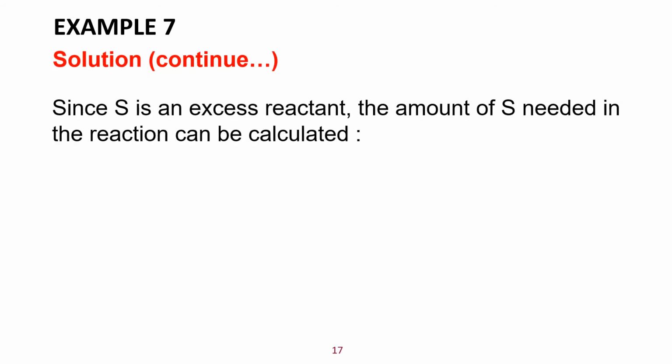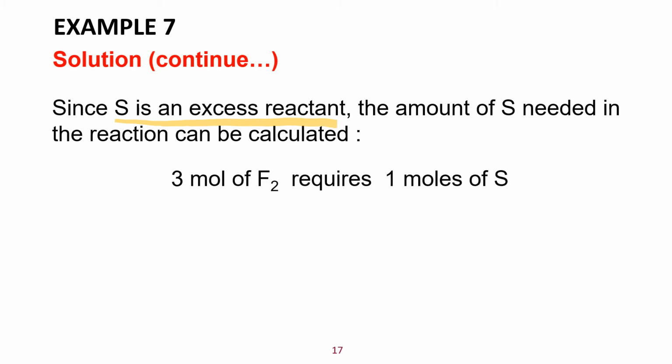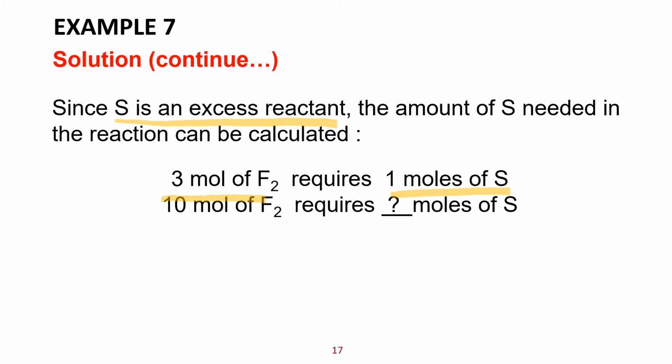Since sulfur is the excess reactant, the amount of sulfur needed in the reaction can be calculated. Based on the chemical equation, 3 moles of fluorine require 1 mole of sulfur. Since fluorine is the limiting reactant, it will limit the amount of sulfur reacted.